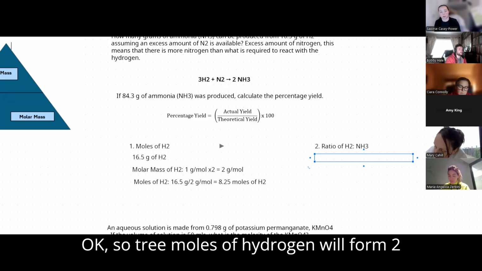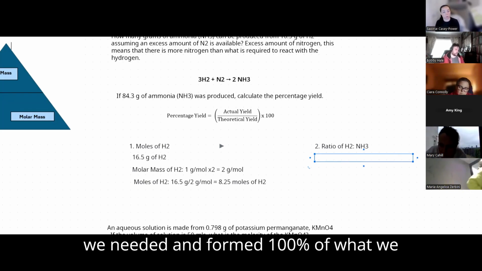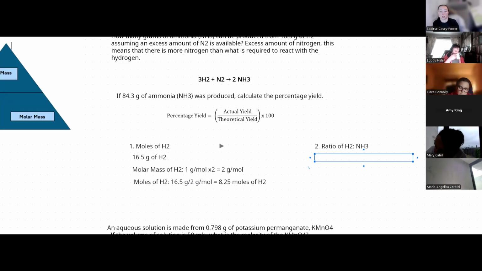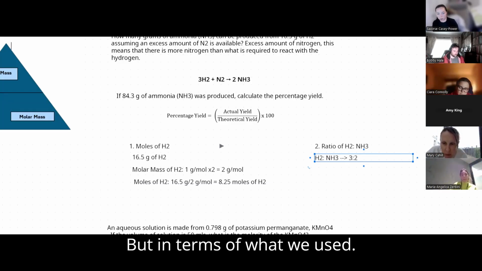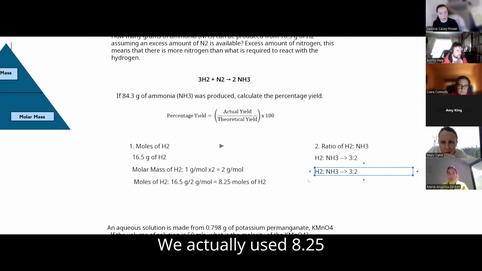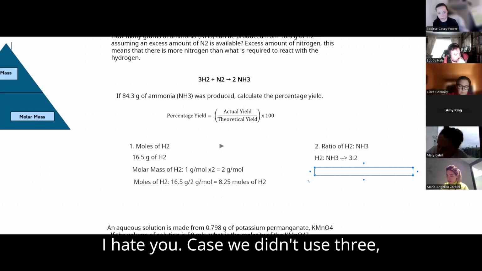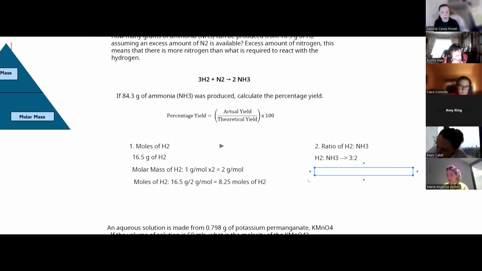So 3 moles of hydrogen will form 2 moles of ammonia if we used exactly what we needed and formed 100% of what we want. But in terms of what we used, we actually used 8.25 moles of H2. So we didn't use 3, we used much more than what we needed.